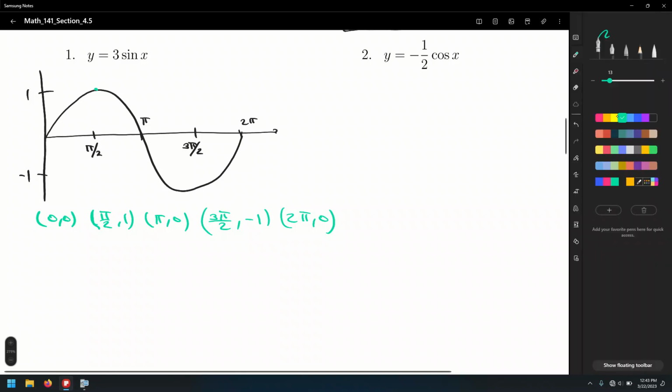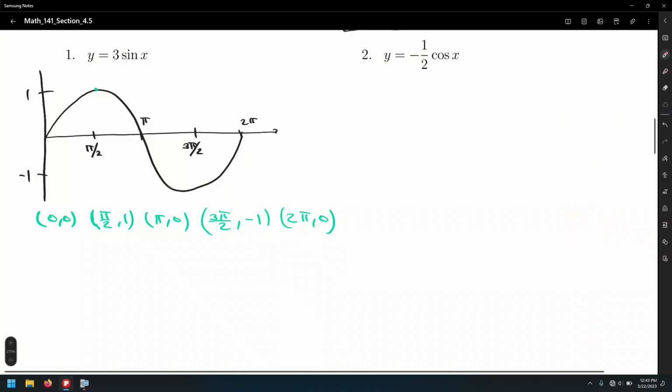Multiply the y coordinate by a, and in this case a equals 3, isn't it? So we're going to multiply the y coordinate by 3, by 3, by 3, and by 3.